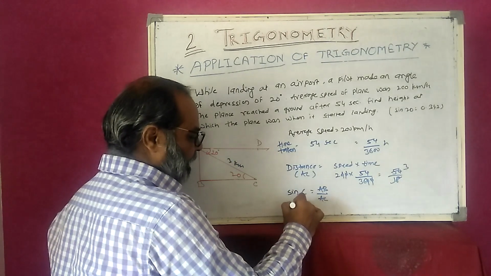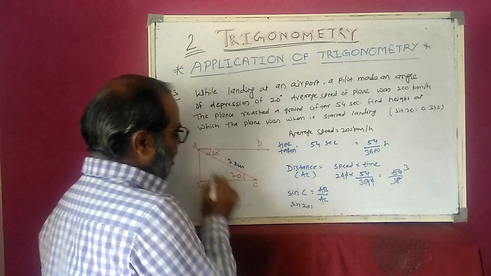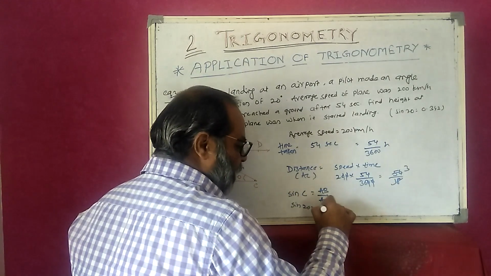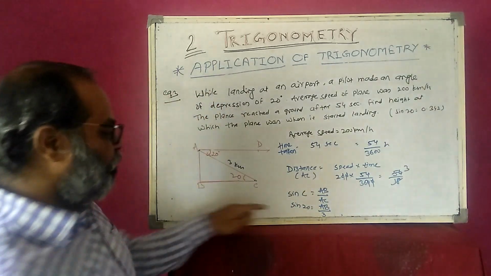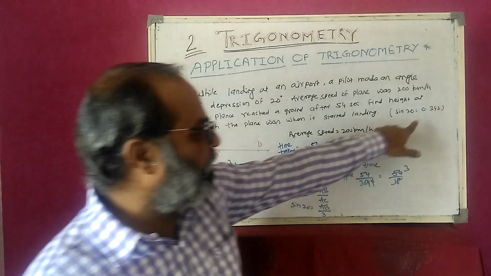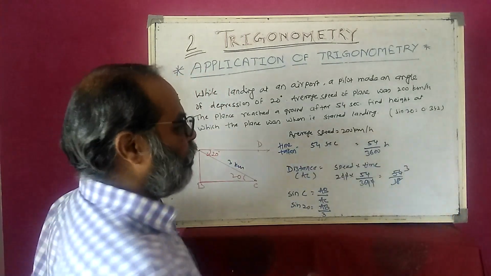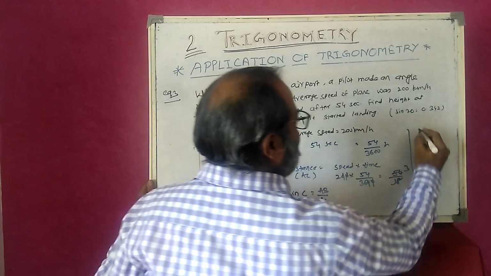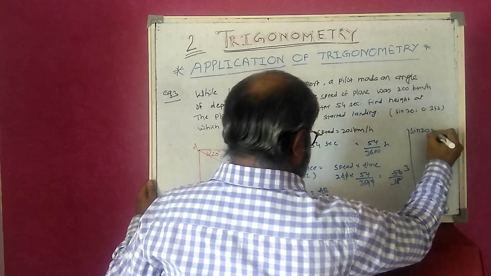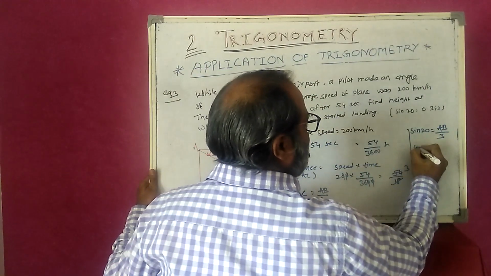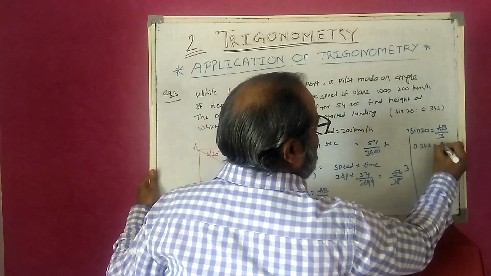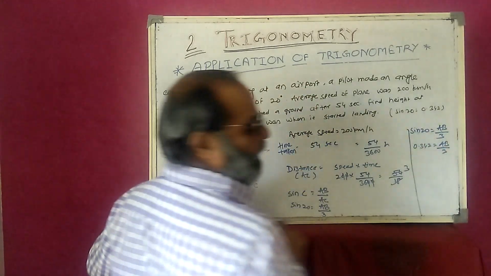Sine C is sine 20, AB we want to find, and AC is 3. The value of sine 20 is given, that is 0.342. So sine 20, 0.342, is equal to AB divided by 3.